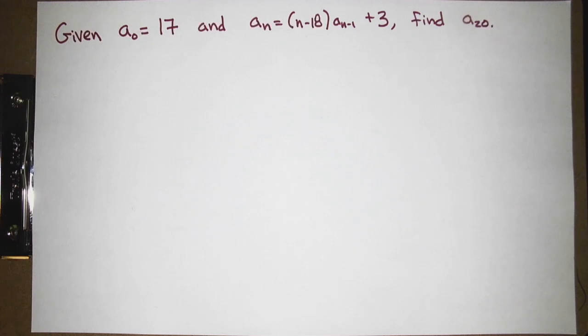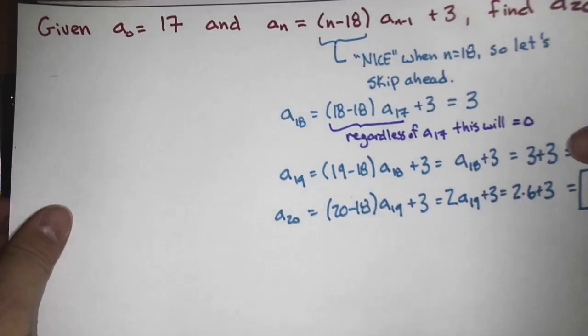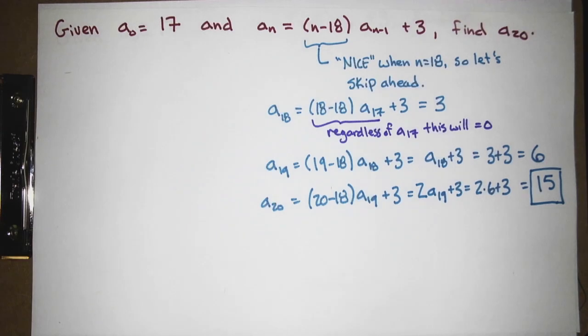Okay, so do we have an answer? Did somebody find an answer to this? 15 is the correct answer. All right. Now, what's the thing? If you're just naive, you can start computing and say, look, I'll get there eventually.